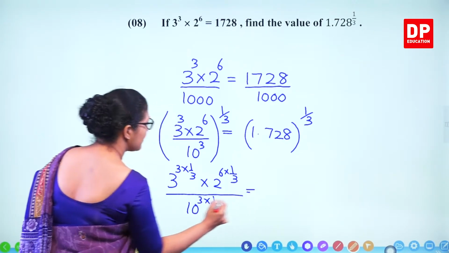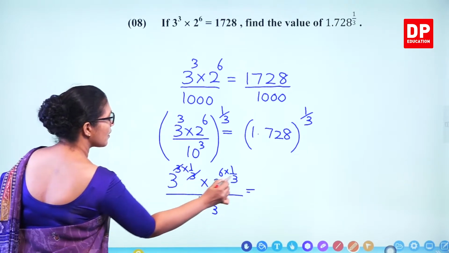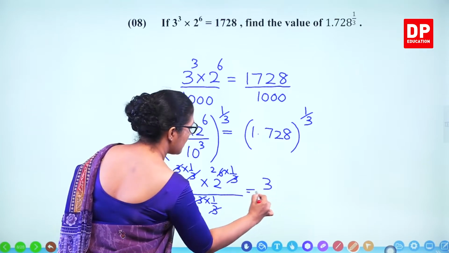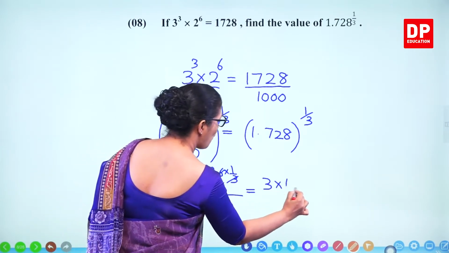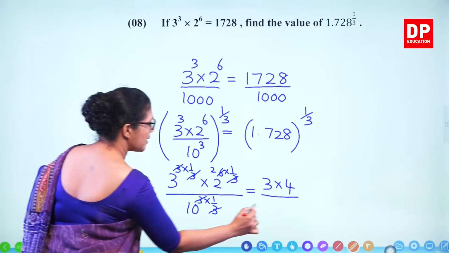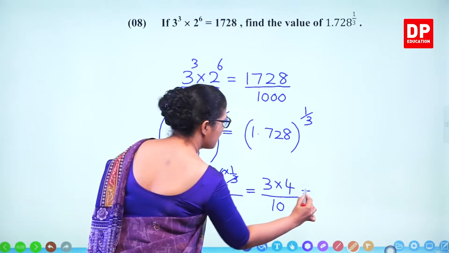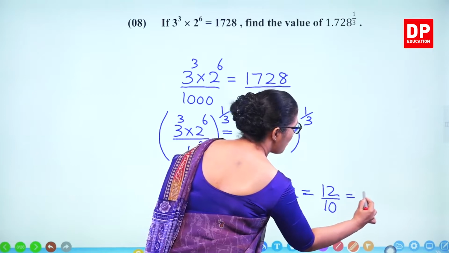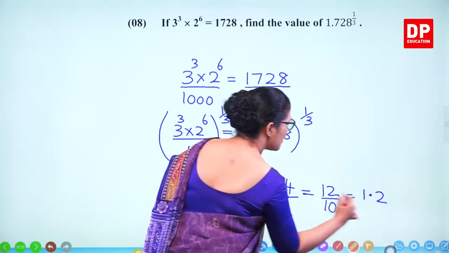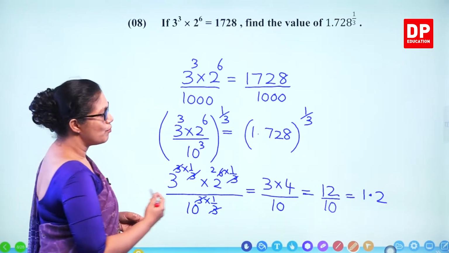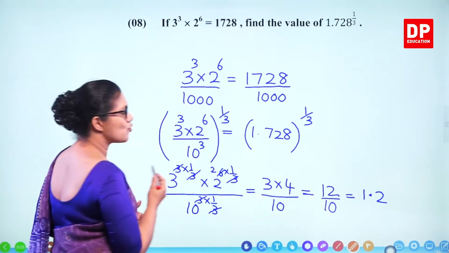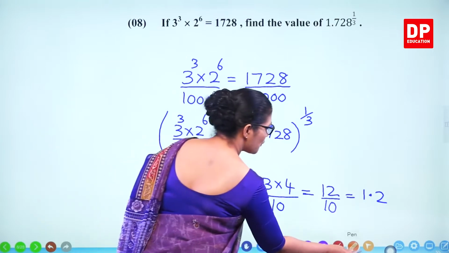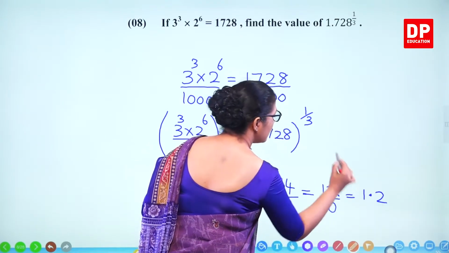So what's the answer? 3 times 2 to the power 2, that's 4, and here 10. 12 divided by 10. What's the answer? 1.2. So you move the decimal place 1 place to the left. So 1.2 is the answer. 2 marks for that.